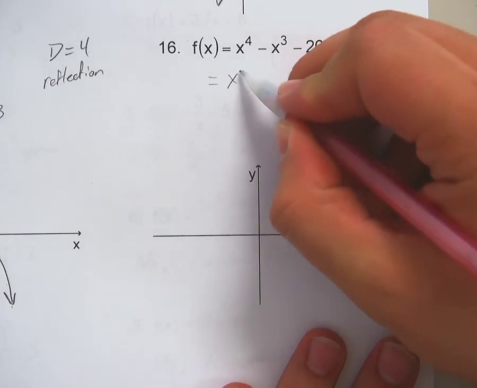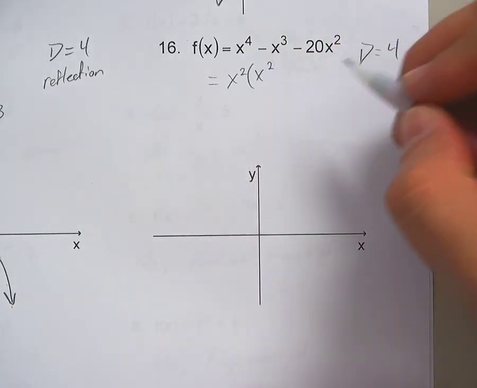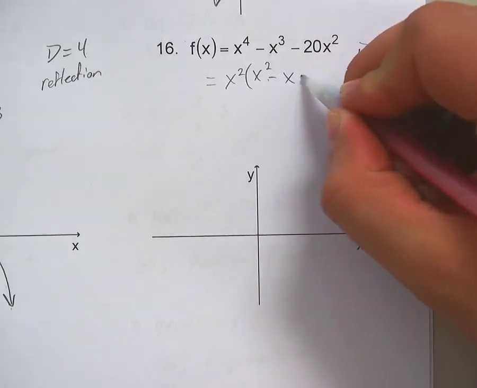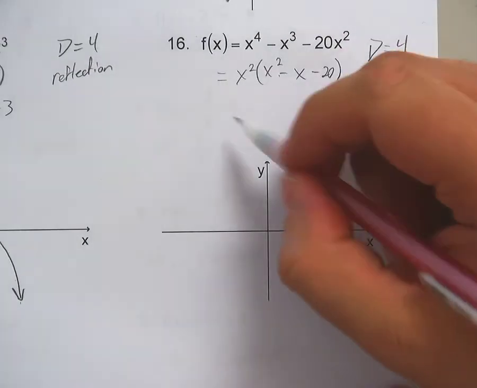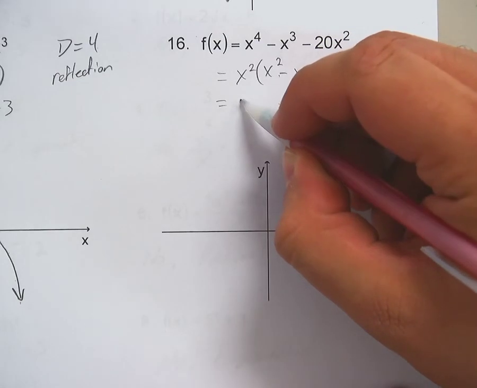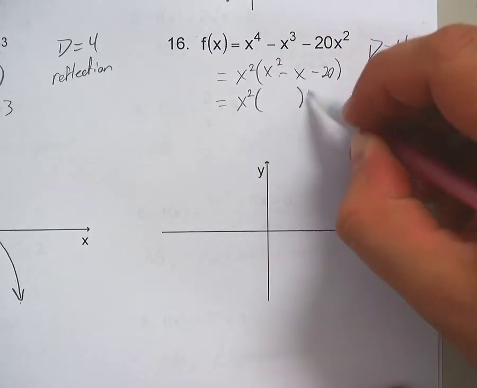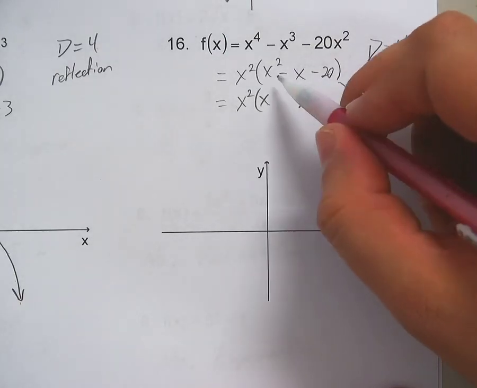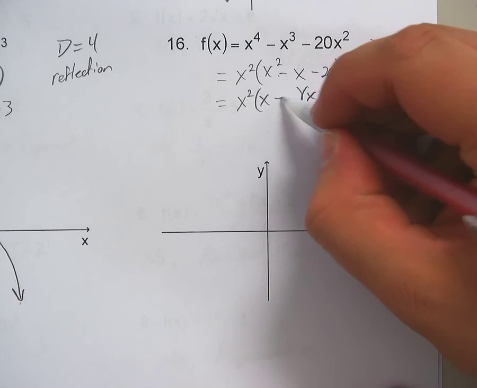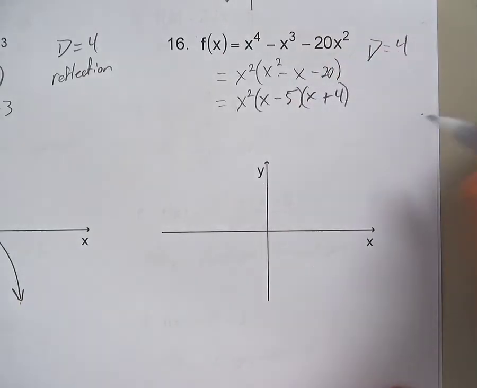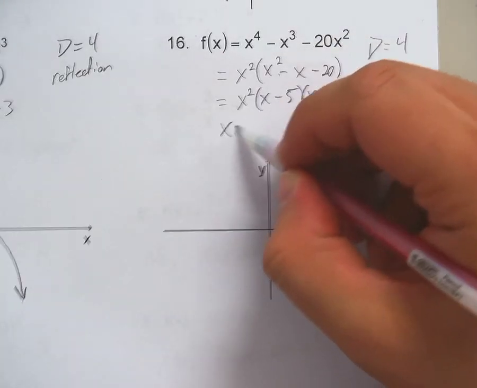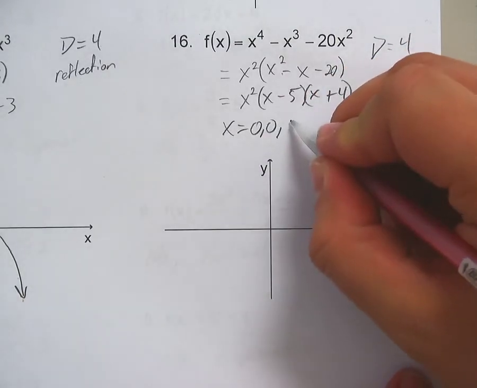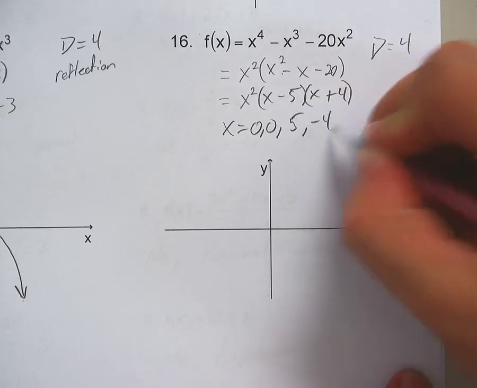I can take out x squared, and I'm left with x squared minus x minus 20, which is x squared, and I need to factor this, x, and I need it to add to a negative 1 and multiply to a negative 20, so negative 5, positive 4. So I've got 2 roots at 0 from x squared. I've got a root at positive 5 and a root at negative 4.